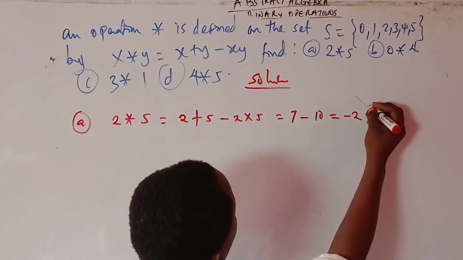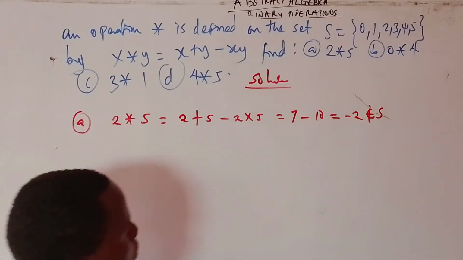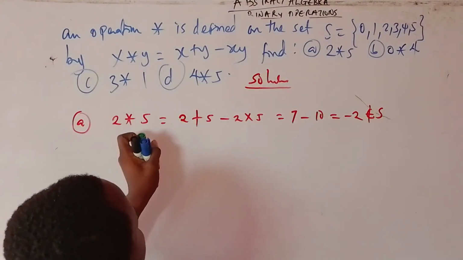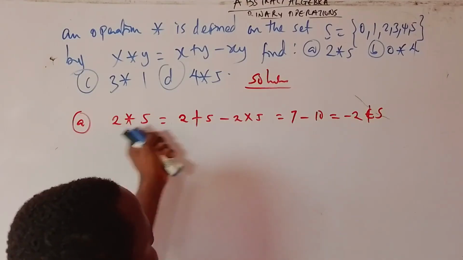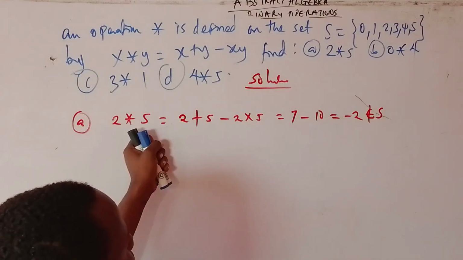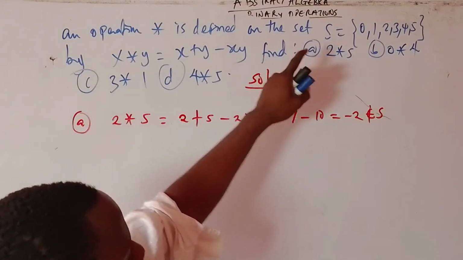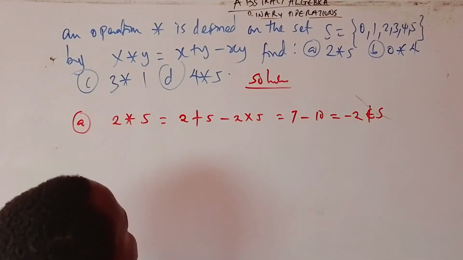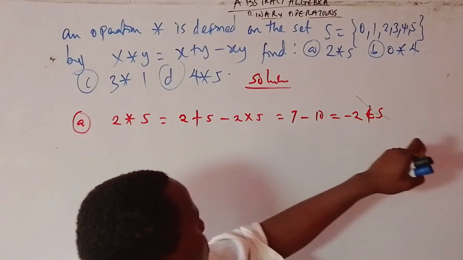And you can see that negative 2 is not in the set S. So it is not closed. So the set S is not closed under the operation asterisk when you take 2 and 5.